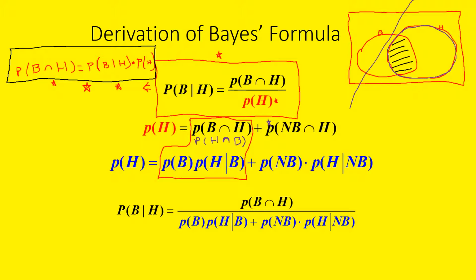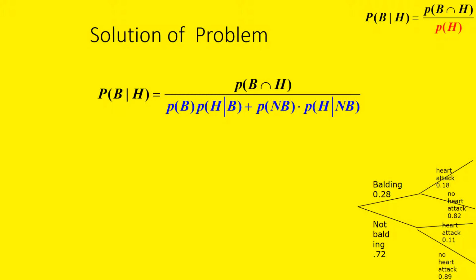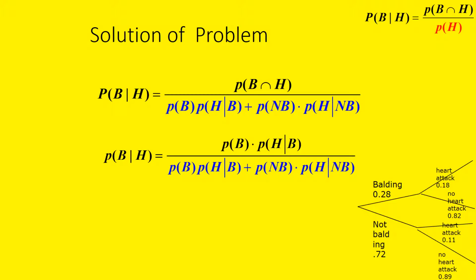Except what we've done first is rewrite the probability of B and H as the probability of H and B. Well, that's the same thing, right? We now have the probability of H and B in the numerator.